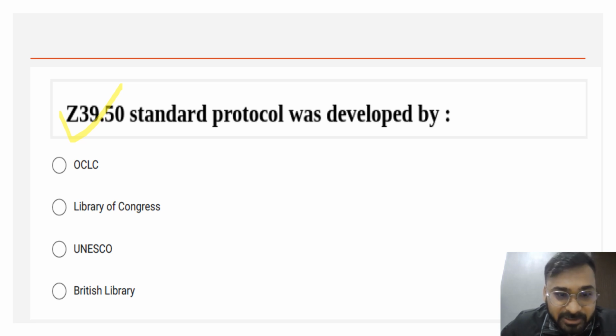It is for information retrieval. If you have used Koha, you will be able to see in the cataloging part that you can do it manually, filling in the MARC tags, or you can retrieve the information from, like, the Library of Congress or OCLC or WorldCat. So the correct answer would be Library of Congress.